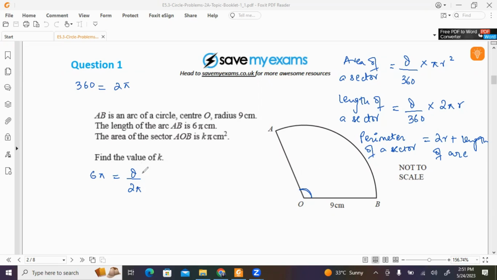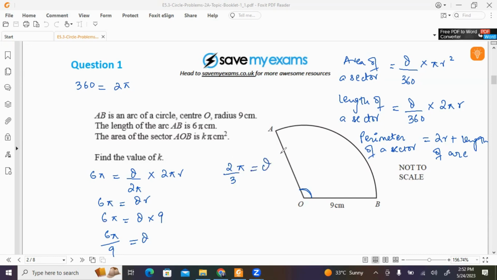Then 6 pi equals theta over 2 pi times 2 pi r, and r is 9, so theta simplifies to 2 by 3 pi.